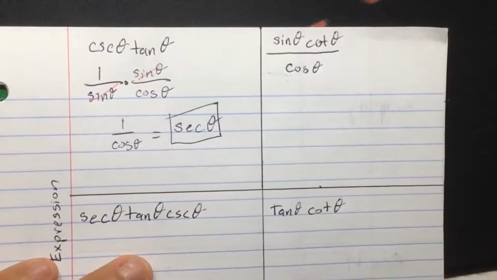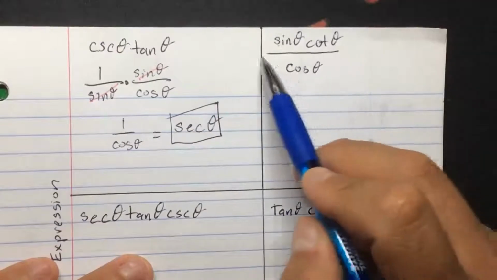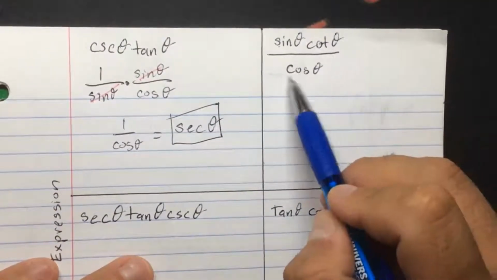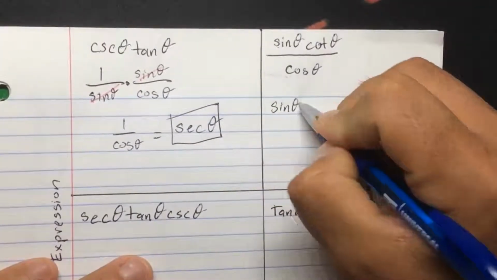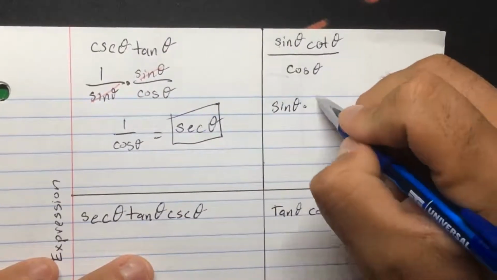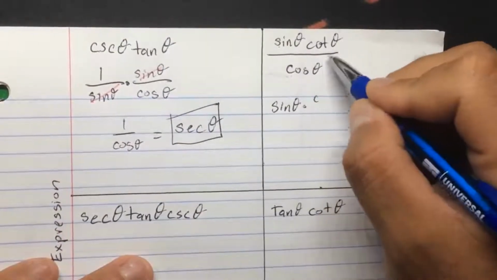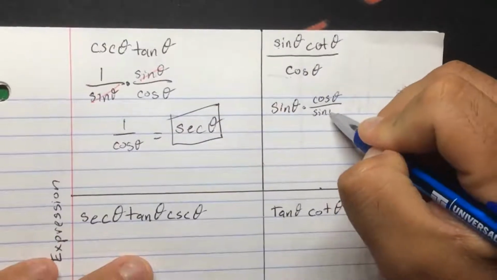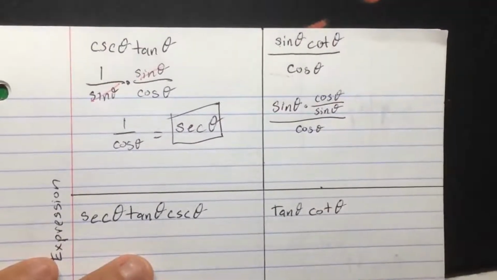Next, we have sine theta times cosine theta divided by cotangent theta divided by cosine theta. So first we have sine theta times our cosine theta, divided by our cotangent theta, which is our cosine theta over our sine theta, divided by our cosine theta.